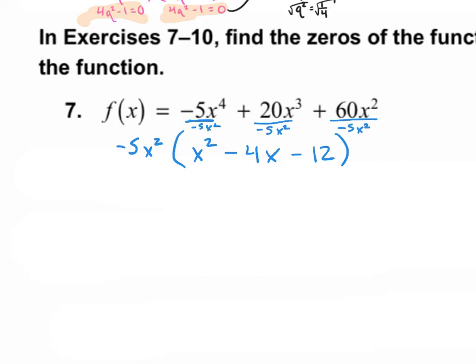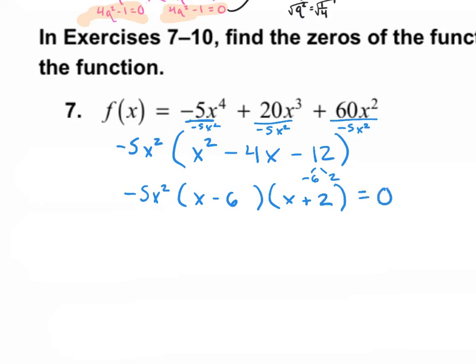All right, now we need to factor. So do we have two factors of negative 12 that add to negative 4? Negative 6 and positive 2. Awesome. So we have x minus 6 and x plus 2.